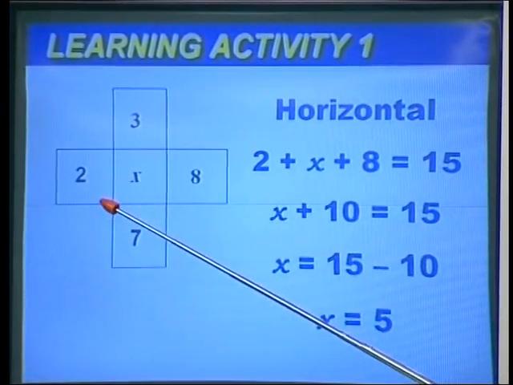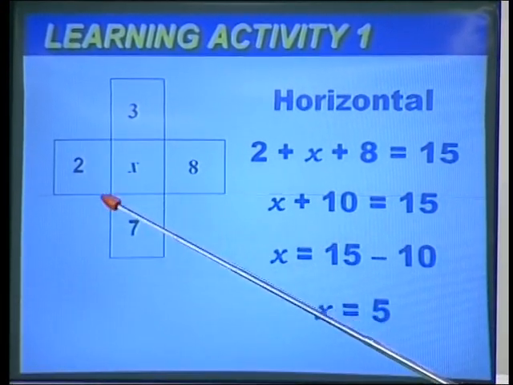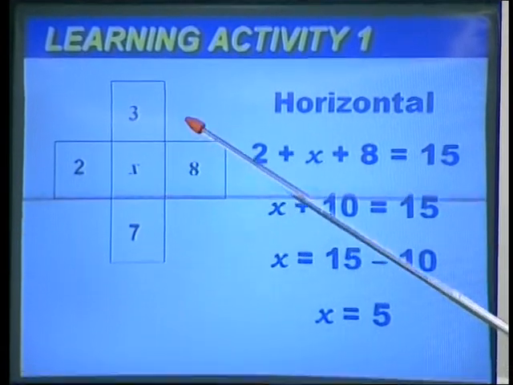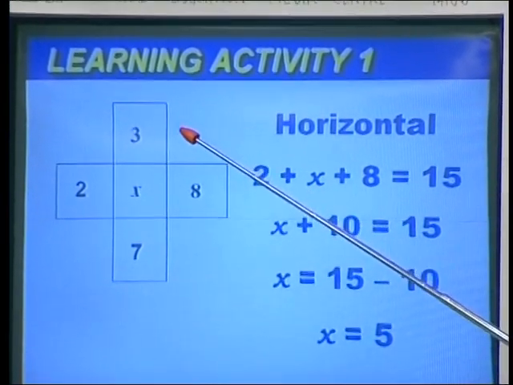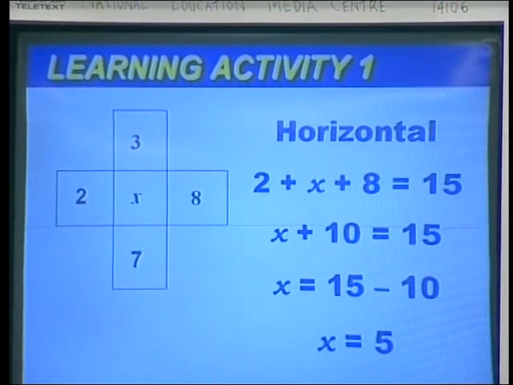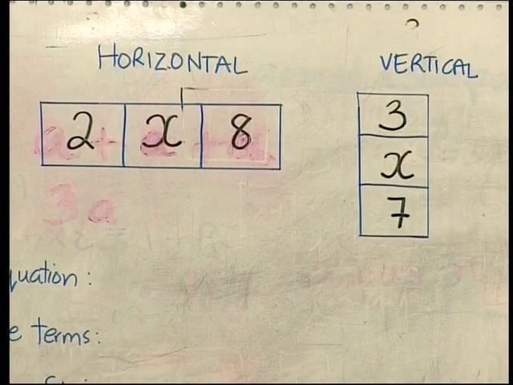The horizontal line is 2 plus X plus 8. And what is the vertical line? 3 plus X plus 7. Now remember, what is the total? 15. All right, the total is 15.